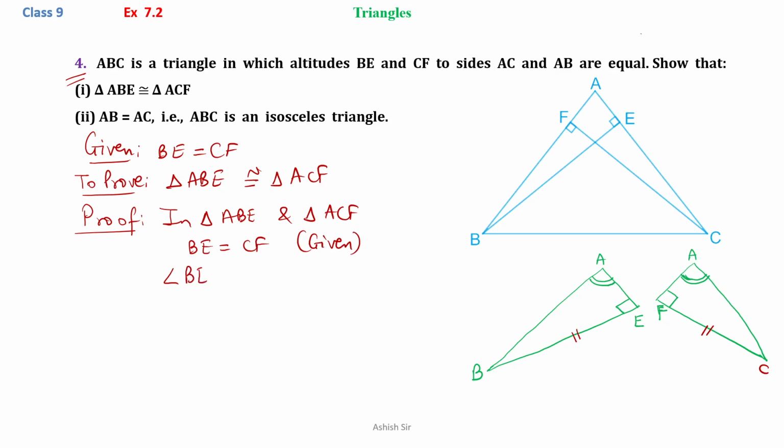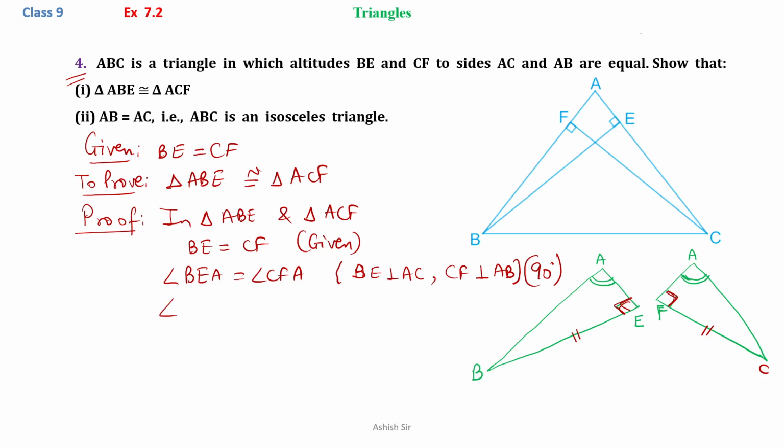Angle BEA will be equal to angle CFA, or we can write angle E equal to F directly, as we see that BE is perpendicular to AC and CF is perpendicular to AB. So when we have two perpendiculars, it's obvious that these two angles, BEA and CFA, are 90-degree angles. So they both are equal.